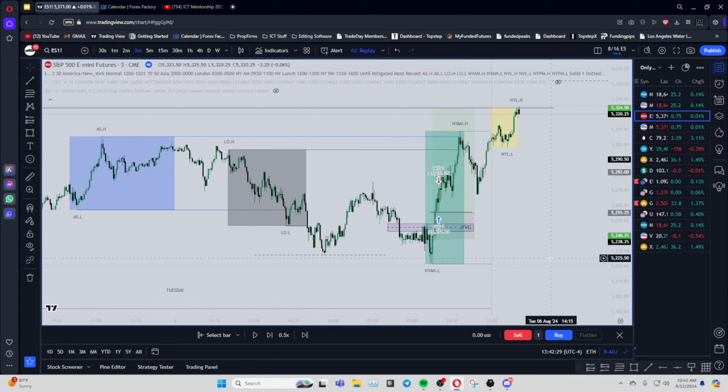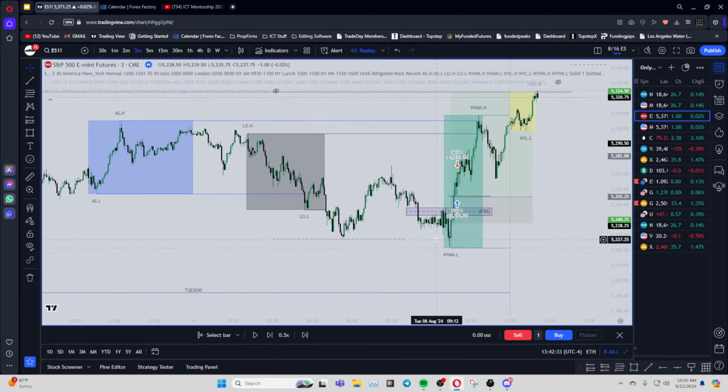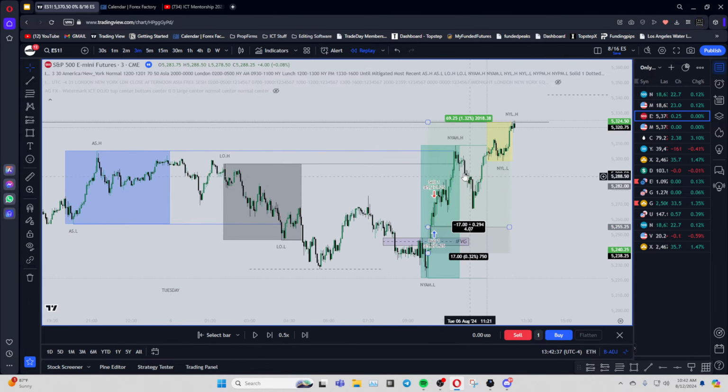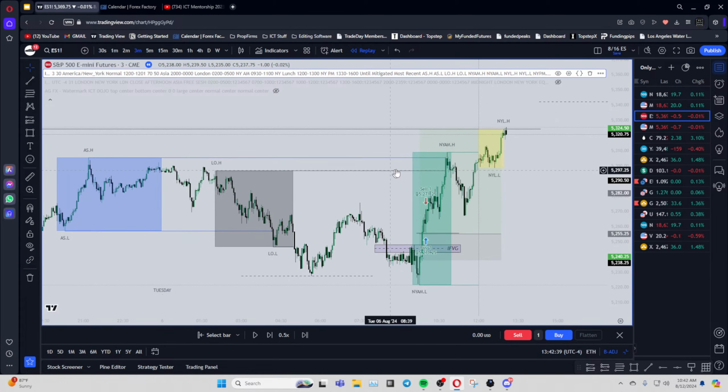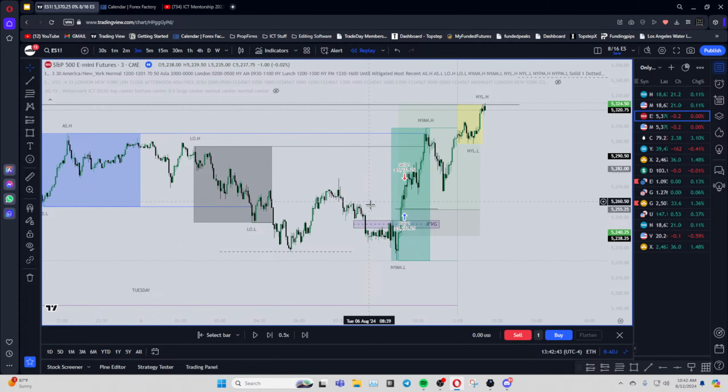You can see right there, it runs up and it takes that high. So right here, this liquidity is going to be our reversal liquidity. Once we come up here, we can expect some kind of continuation because our overall move is a buy model. We're going to expect some kind of continuation through that liquidity.